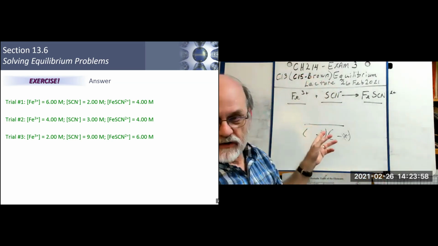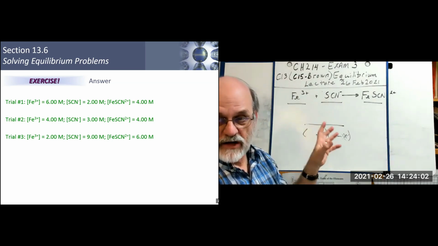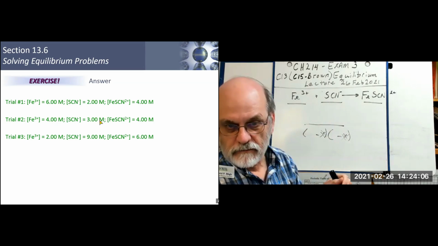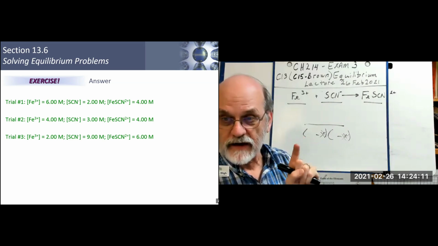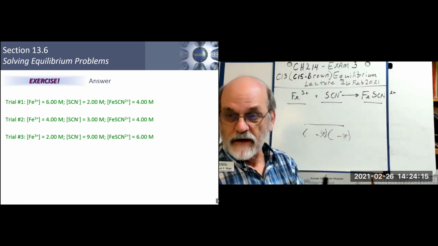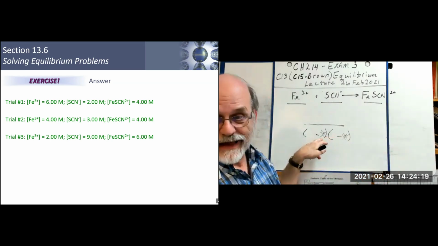The second time you check yourself by putting the x value into the calculation and determining these values here. Put them into your equation and see if you get a k value of 0.333 in our case. If you don't, then you take the new calculated x and go back and do it again.